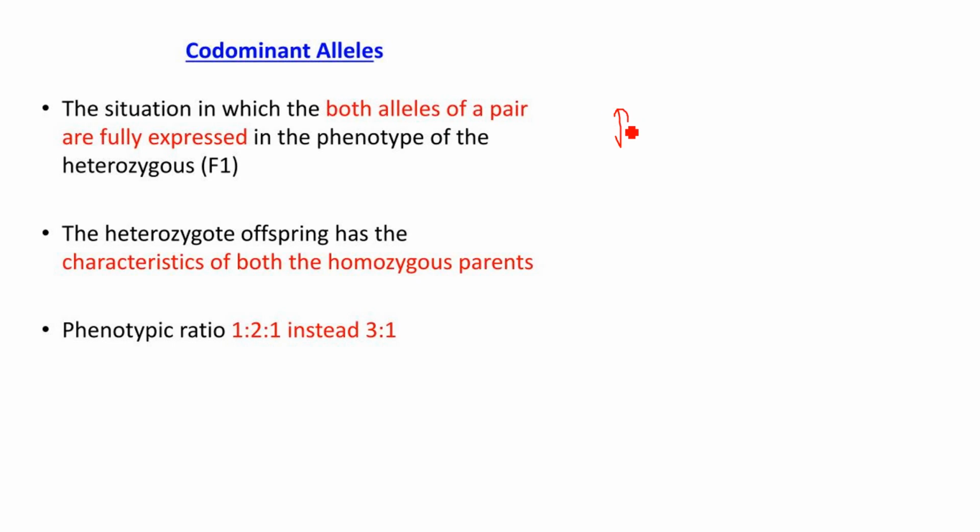The example is capital R, which means red coat color cattle, cross with white color cattle, that is white, so we are taking capital W.